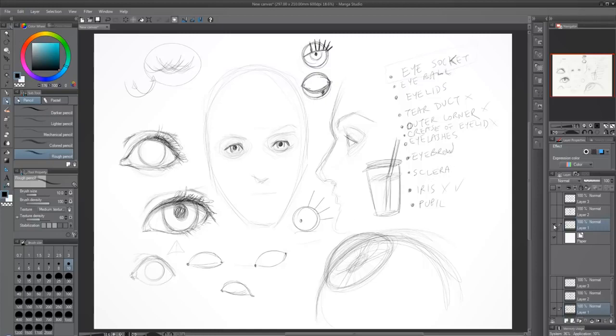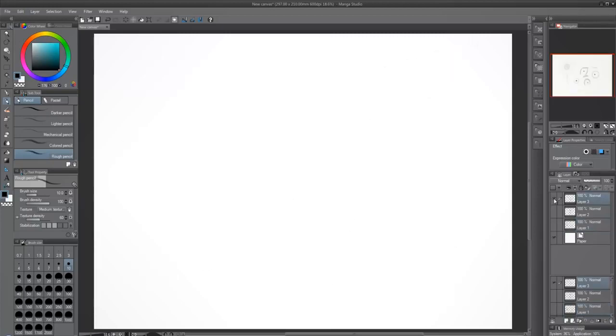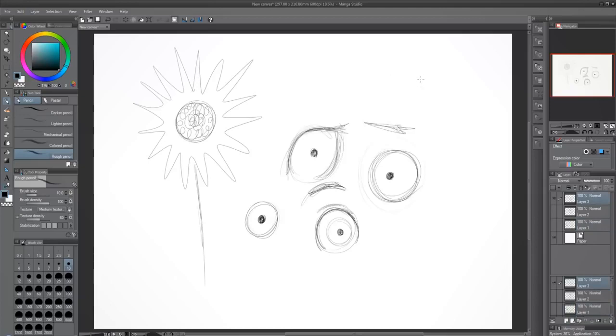And as you turn the head, so let's say we've got a side view eye, you'll notice you get that sort of triangular shape that forms. And we're keeping everything the same, so we still have the pupil near the top.